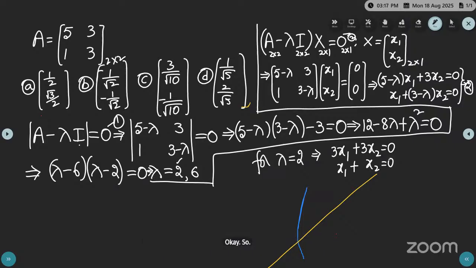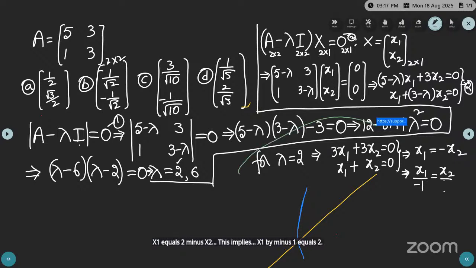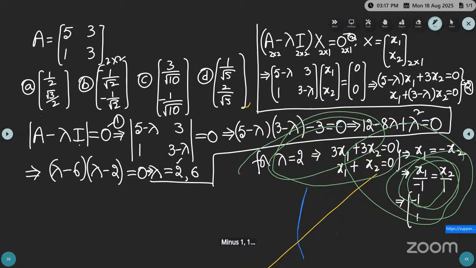So from these two, what you can write? x1 equals minus x2. This implies x1 by minus 1 equals x2 by 1. So this implies minus 1, 1.